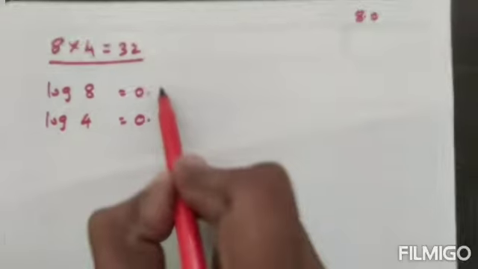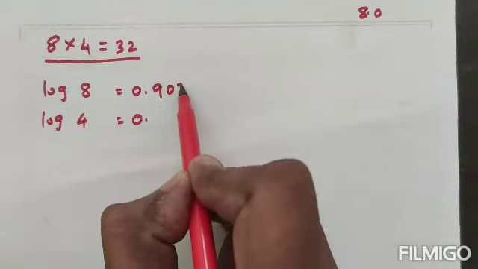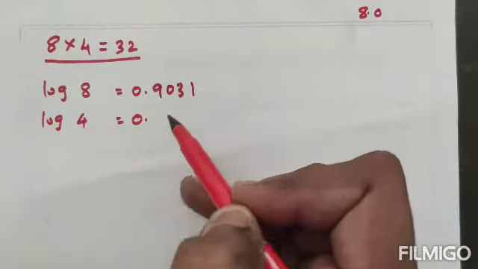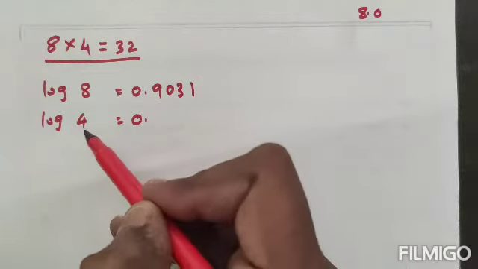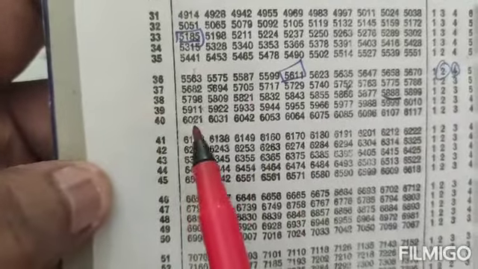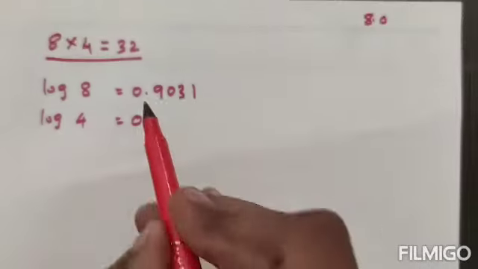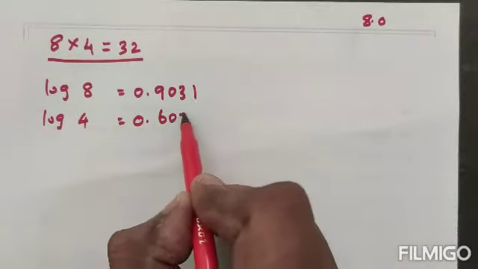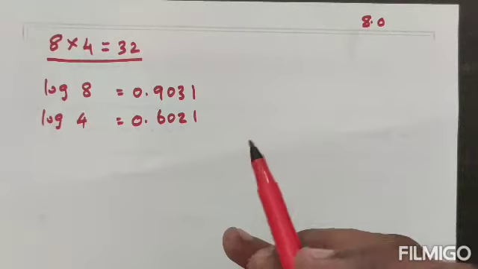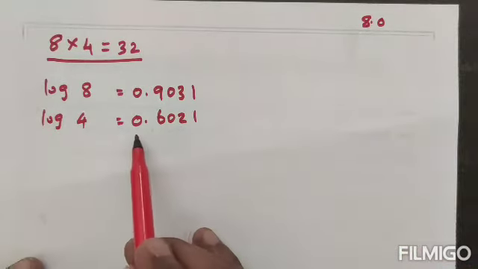Next the log value for 4, that means 40, is 6021. Now we want to add these two values.